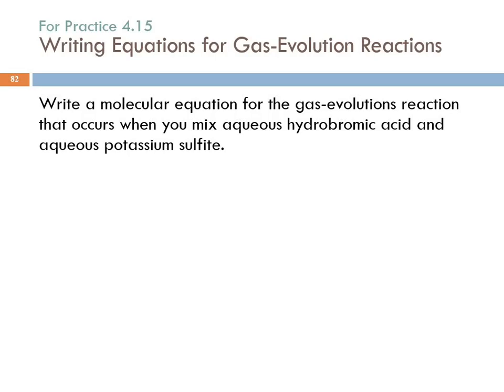Okay, so write a molecular equation for the gas evolution reaction that occurs when you mix aqueous hydrobromic acid and aqueous potassium sulfite. Well, what's the formula for hydrobromic acid? HBr. The prefix hydro tells us that this is a binary acid, not an oxyacid.